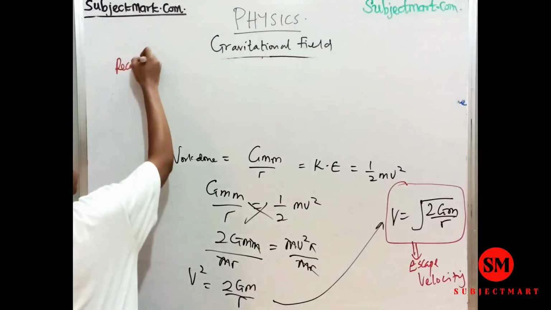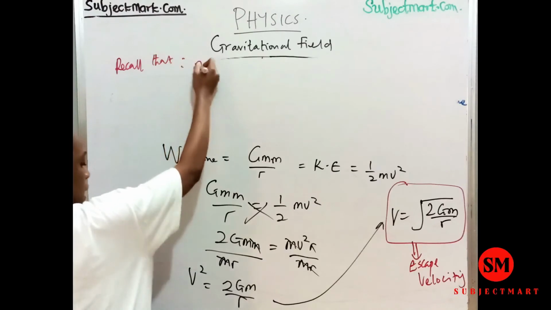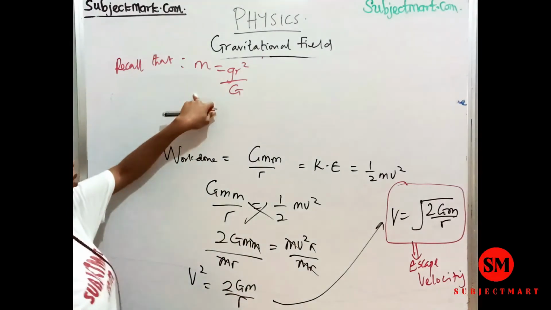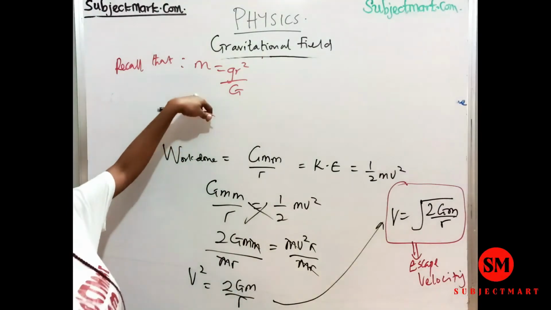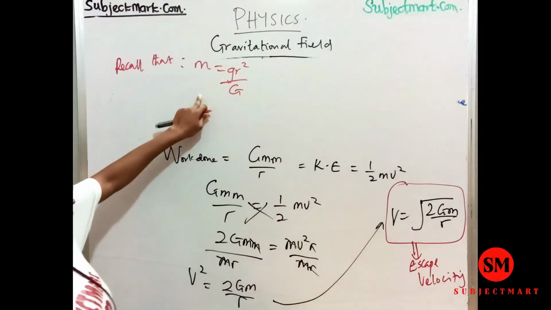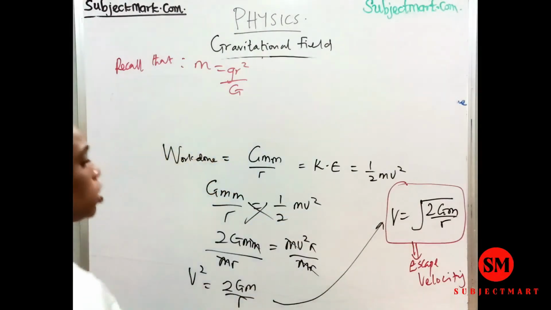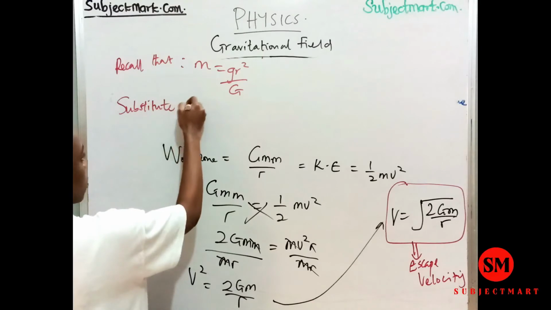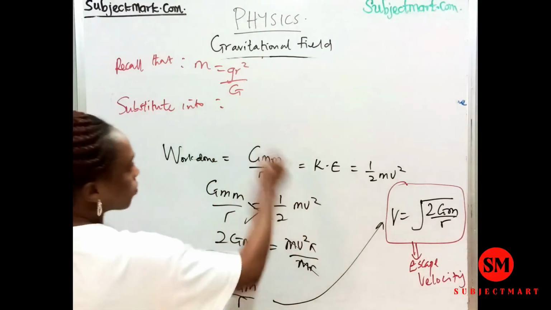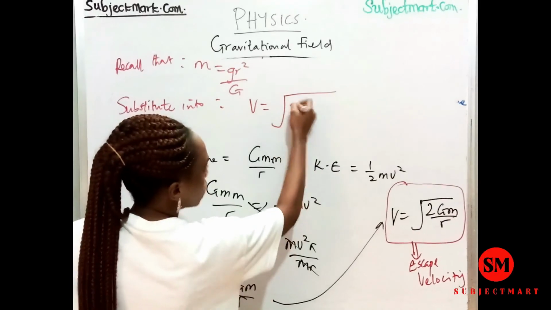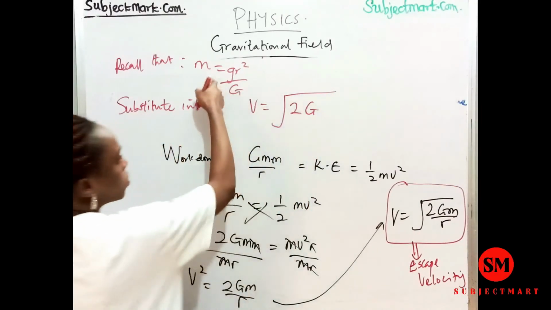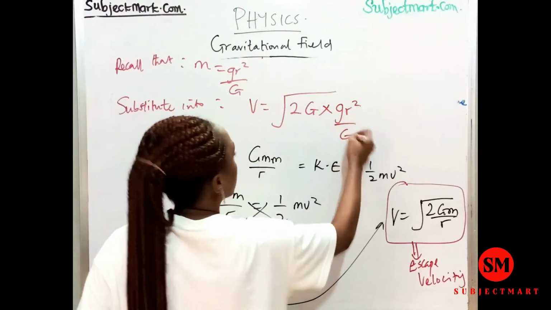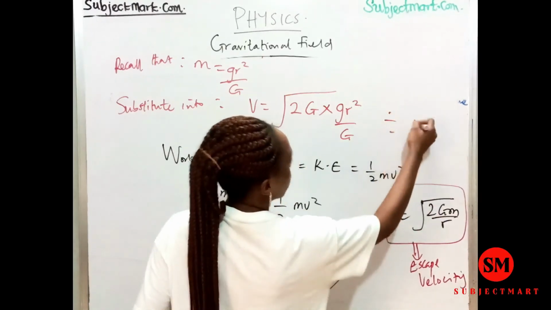So we could use this formula or, you recall that M is equals to gr squared over G. Do you remember this formula when I actually explained the relationship between capital G and small g? So from this formula, I'm just going to substitute this into the equation. So substitute into v is equals to square root of 2G, so this is my M, times M divided by r.